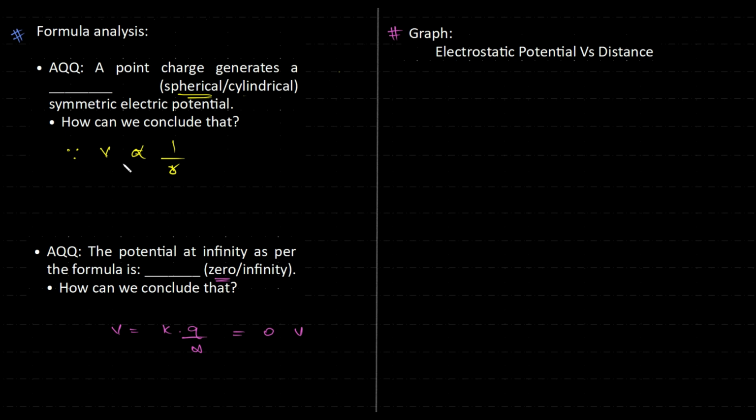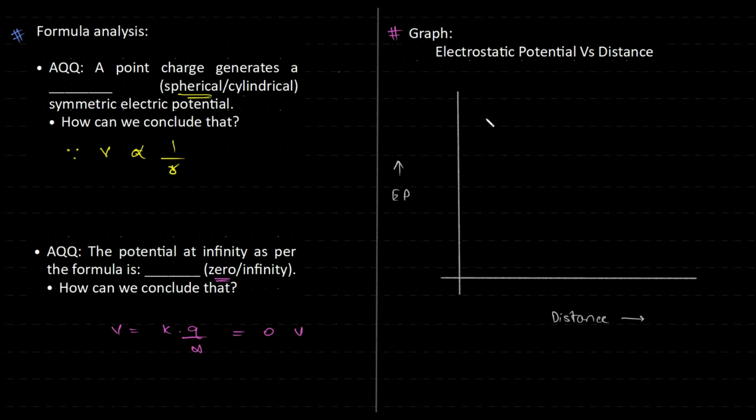So V is inversely proportional to the distance, right? In terms of a graph, how does this look like? So this is your distance, that's your electric potential. So distance and electrical potential, x and y axis.